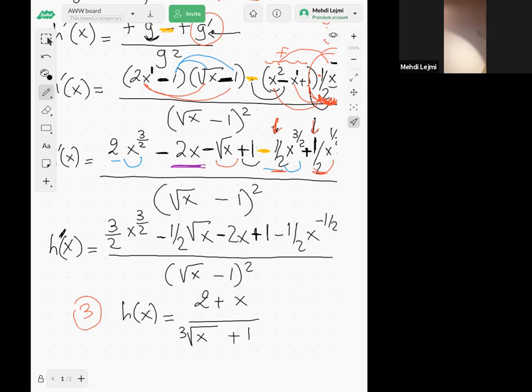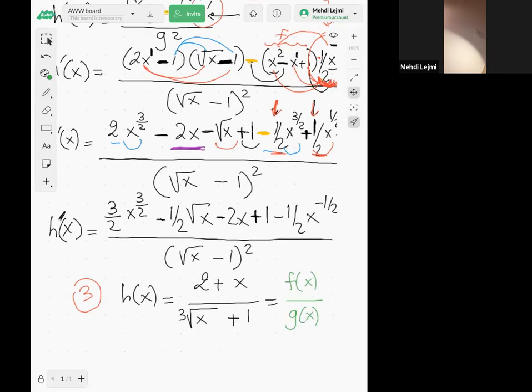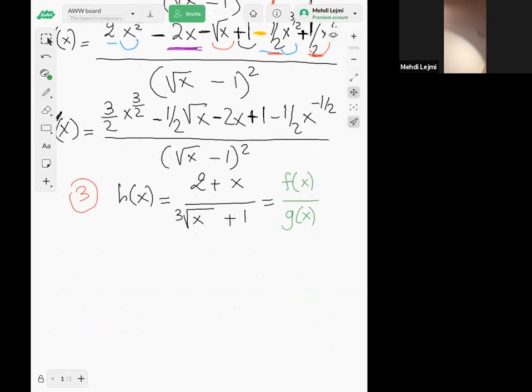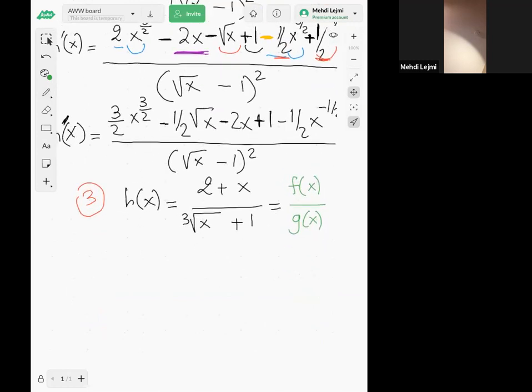Again, this is the same idea. It's a fraction, so we have to apply the quotient rule. The top, 2 plus x, will be our f, and the denominator will be our g, right? So we need to apply the quotient rule.